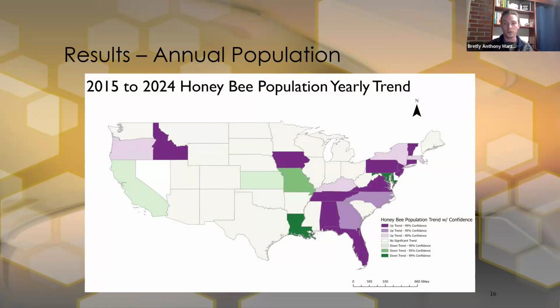The purple displays the increase in the last decade, and a majority of that we can see comes on the East Coast. An outlier with that is going to be Maryland, and then Louisiana also seems to have a really strong decrease or downtrend in those populations as well.